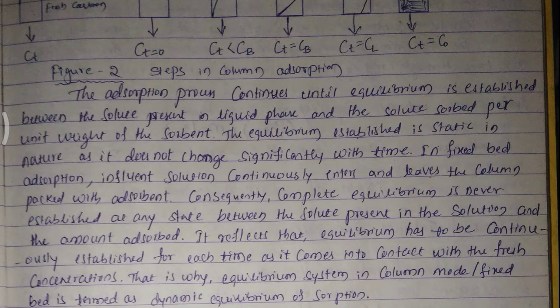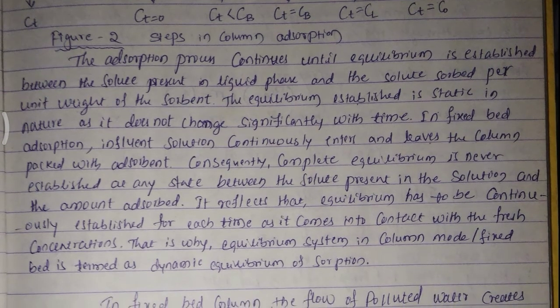Consequently, complete equilibrium is never established at any stage between the solute present in the solution and the amount adsorbed. It reflects that equilibrium has to be continuously established each time as it comes into contact with fresh concentrations. That is why the equilibrium system in column mode or fixed bed is termed as dynamic equilibrium of sorption.